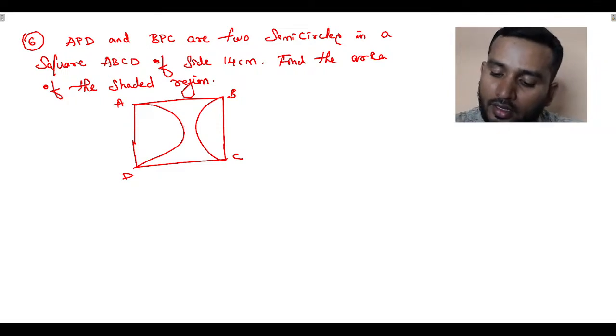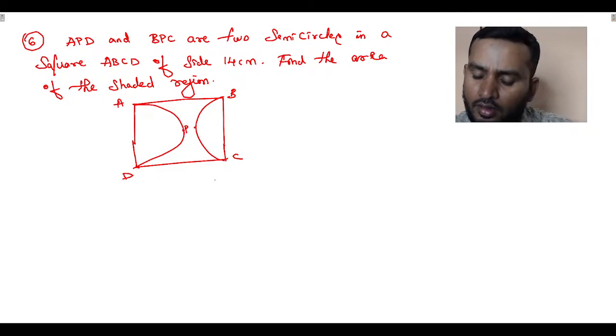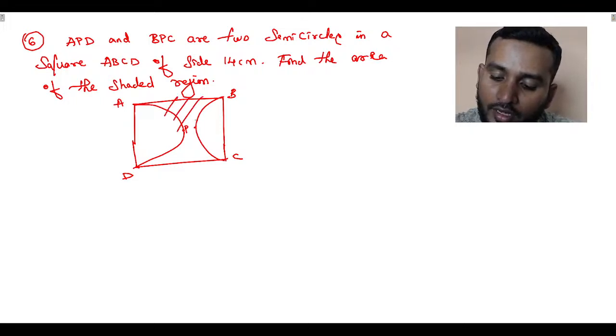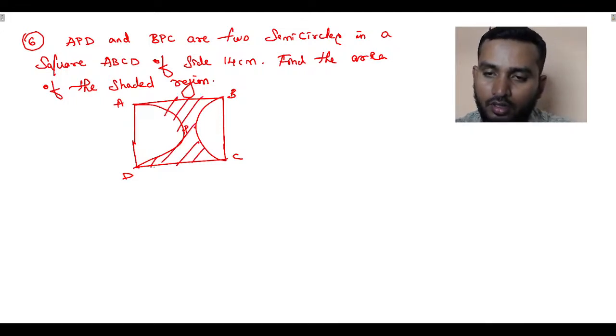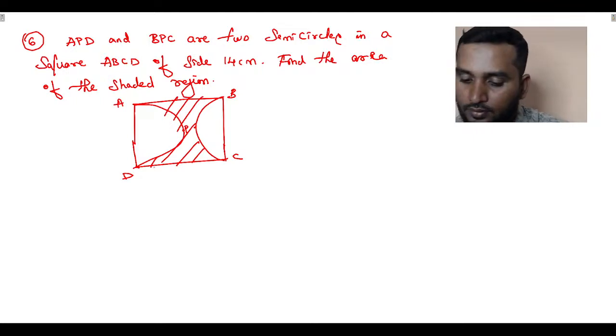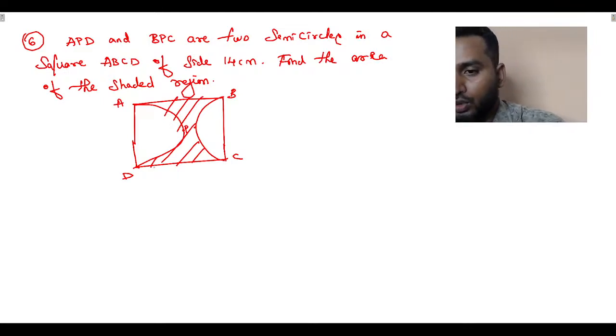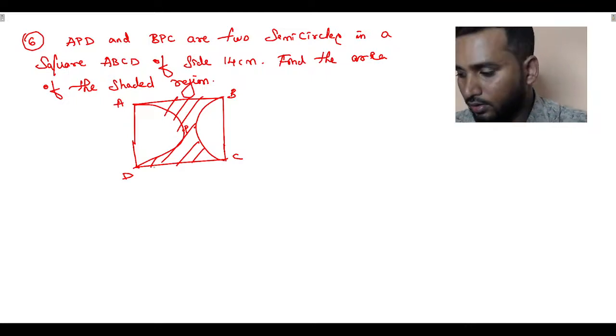APD and BPC are the semicircles. Now, we need to find the area of the shaded region. So, this is the question. Can you try this? I will give you 2 minutes. Let me see who will get the exact solution, and I will continue with this sum.